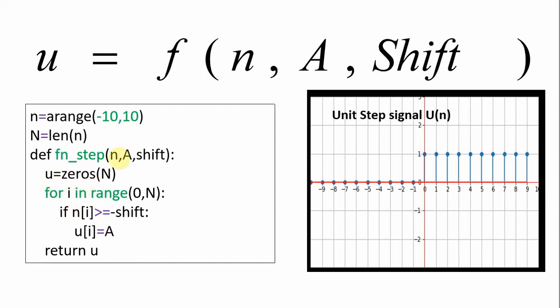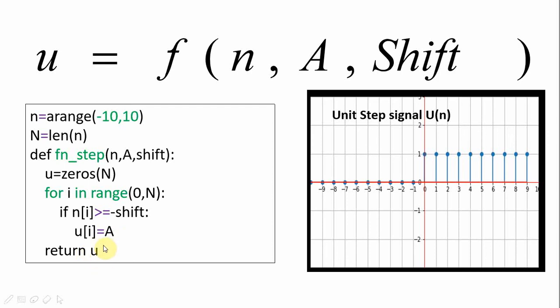So for i in the range 0 to N, we form a loop where i is the variable with starting value 0 and ending value capital N. If n[i] is greater than or equal to minus shift, that is, if any value of n that we choose here is greater than or equal to the shift that is given, then replace the 0 in this array by the magnitude a, otherwise leave it as it is, and repeat this until all values of n are exhausted in this loop, and then return u.